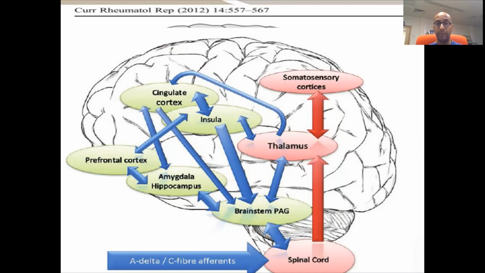And that pathway involves different parts of the thalamus, the amygdala, the hippocampus, those areas of the brain which can form memory and alter a patient's understanding and perception of pain as perhaps more threatening, or perhaps triggering previous memories of pain and therefore altering behavior.